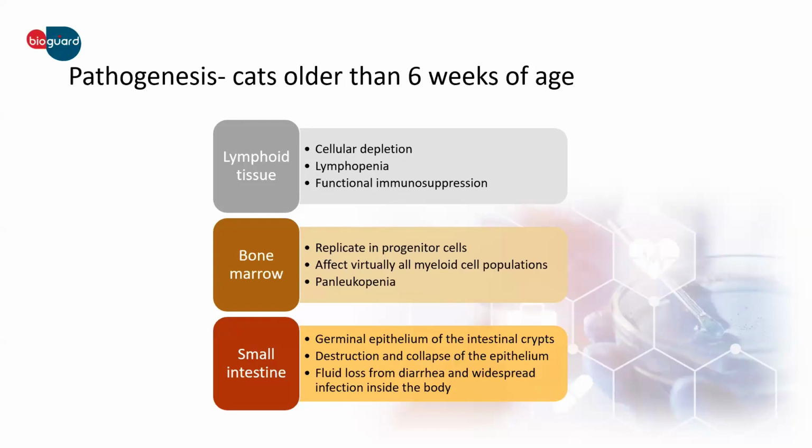If the FPV invades the small intestine, it usually infects the germinal epithelium of the intestinal crypts. From there, it will disrupt the epithelium and make it collapse.